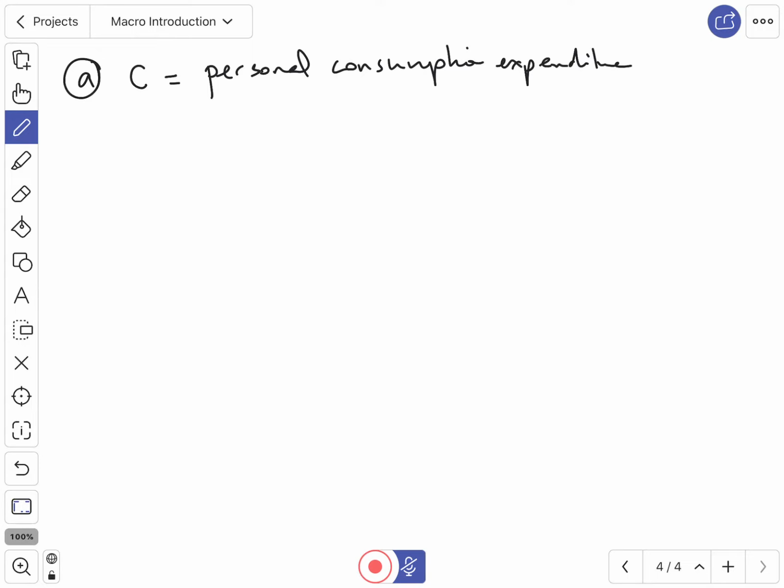It's basically the spending of households on goods and services.